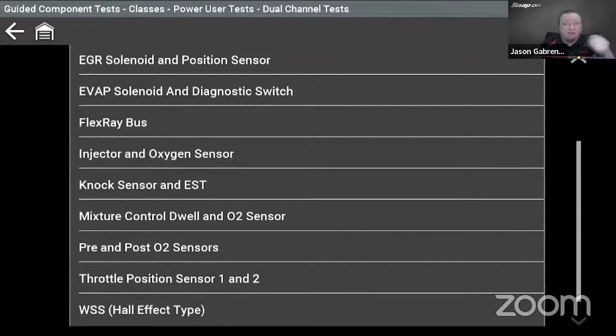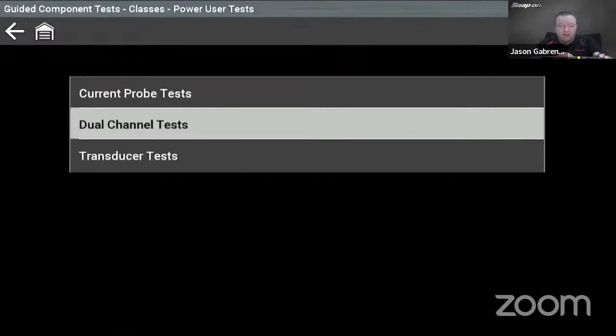Wheel speed sensors, able to do multiple channels, compare different wheel speed sensors with each other. You can do that as well. These are really generalized to work with anything. It gives you a general ballpark, and then you might have to change a little bit here and there. But as I said, it's not vehicle specific. If you want vehicle specific, we can do that as well.